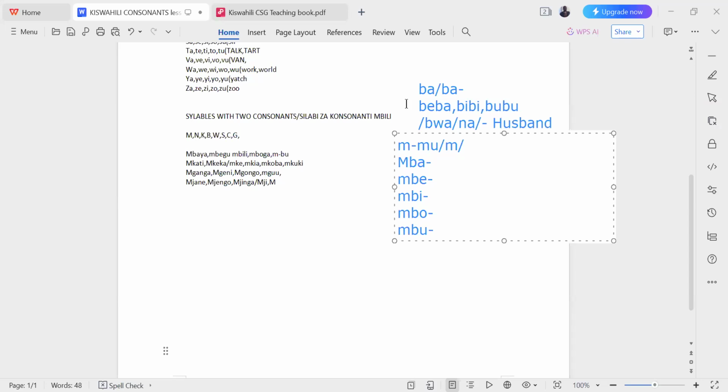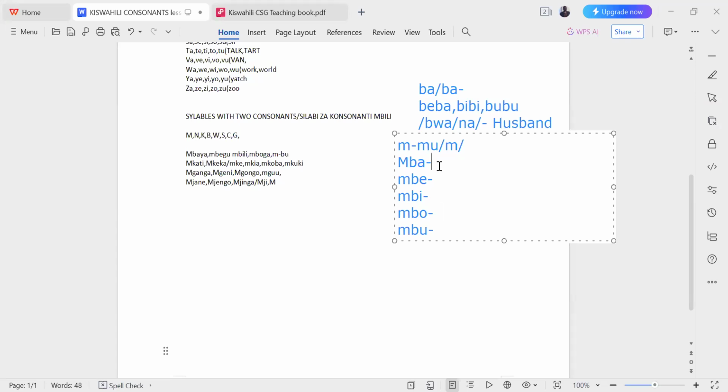So the first word, Glen, is mba, without the separate M. Then mbe, then mbi, then mbo, then mbu.